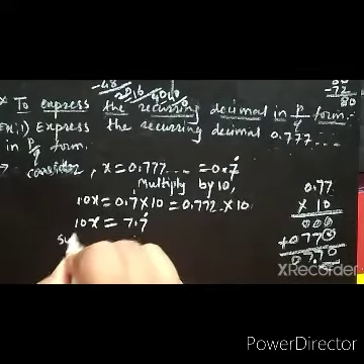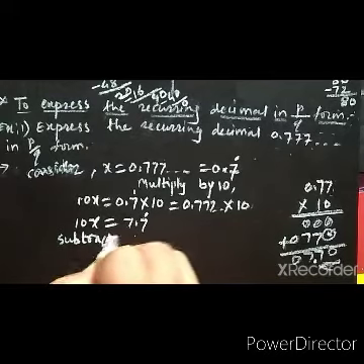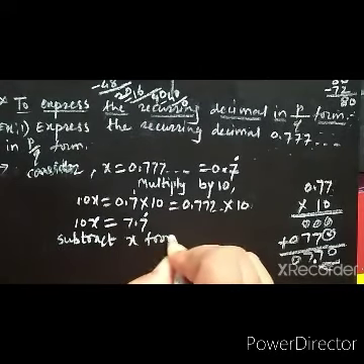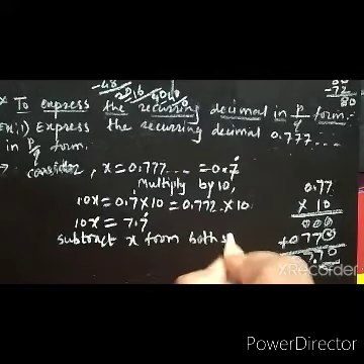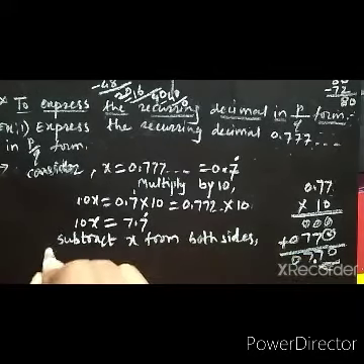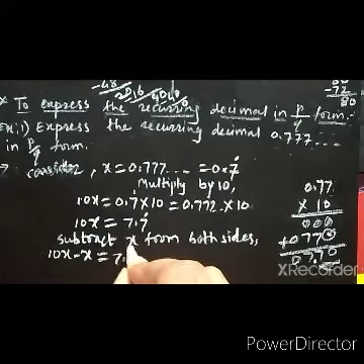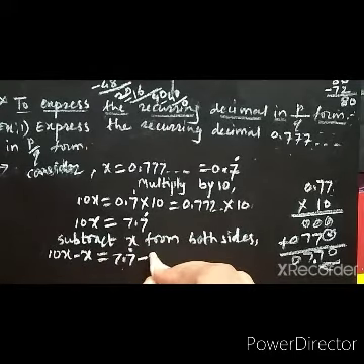Now subtract x from both sides. We get 10x minus x is equal to 7.7 dot minus x.